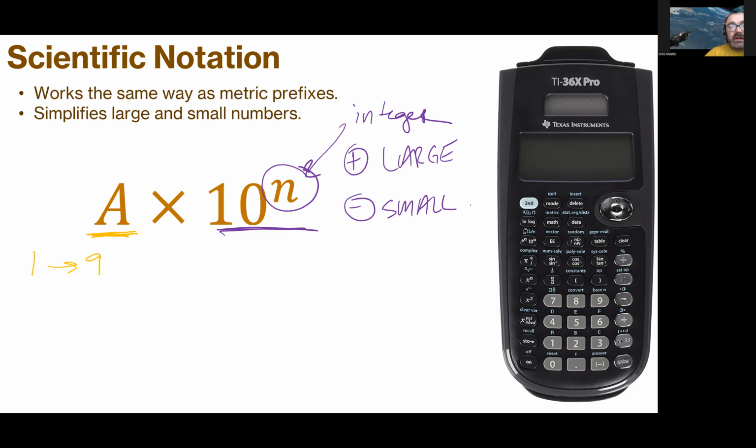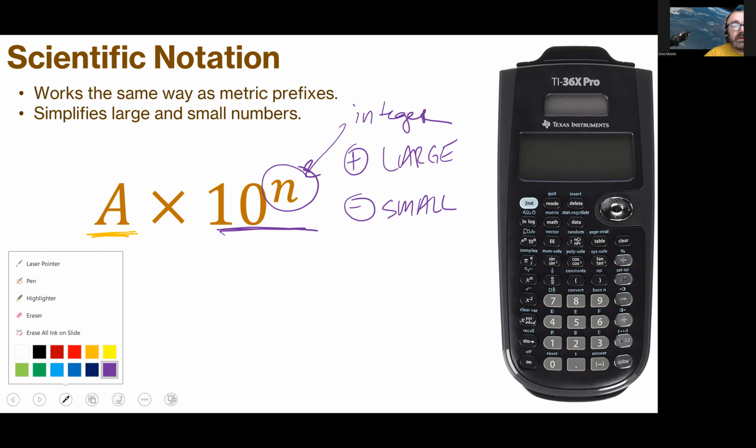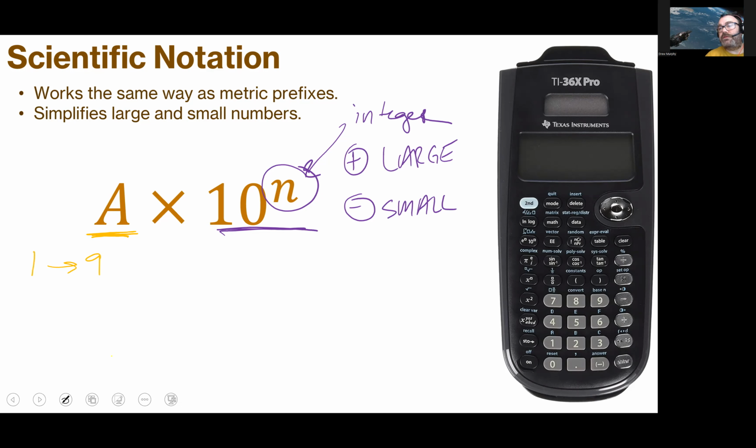When we're thinking about scientific notation and we're using our calculator, that's why I put a picture of the calculator here, you have to use this EE button. The EE button lets the calculator know that you're using scientific notation and treats that as one number, okay?